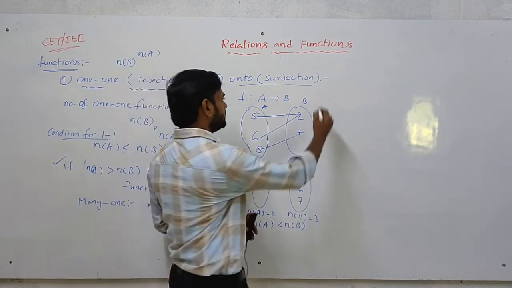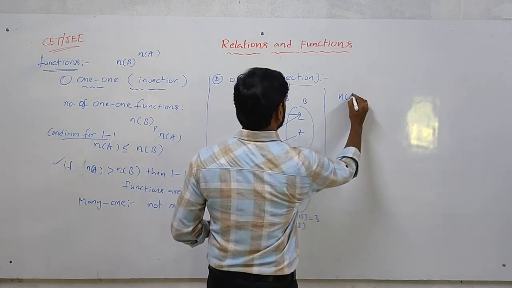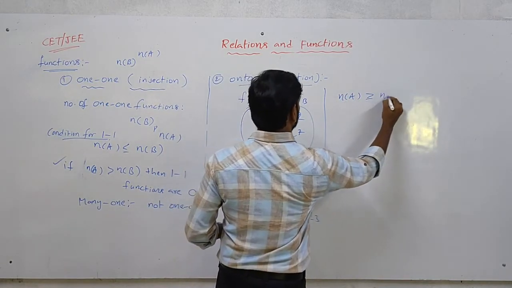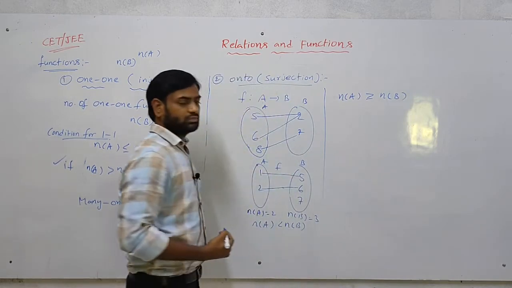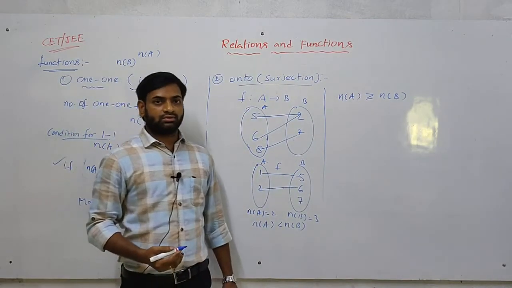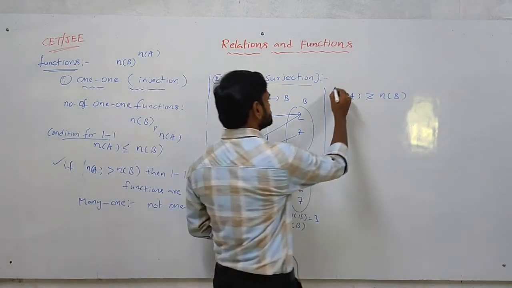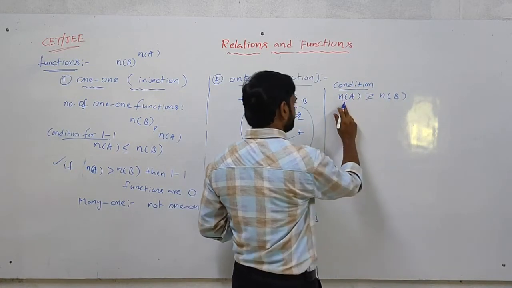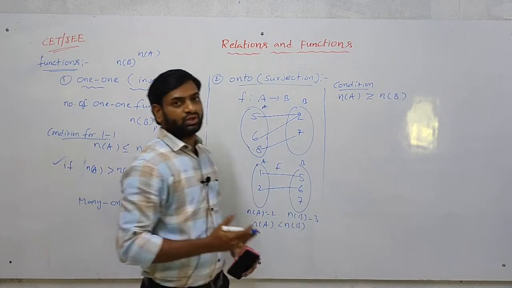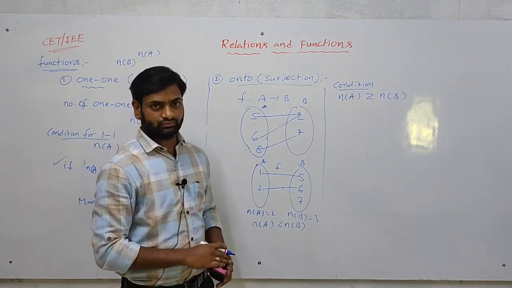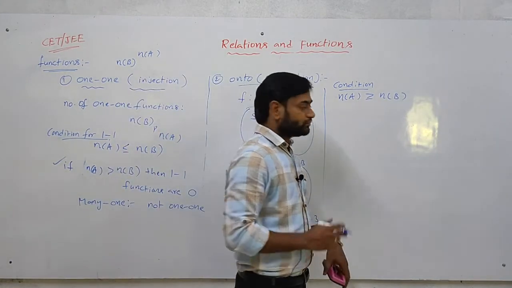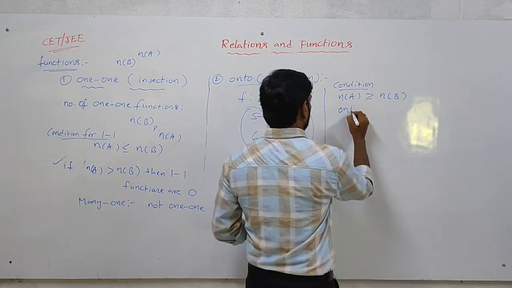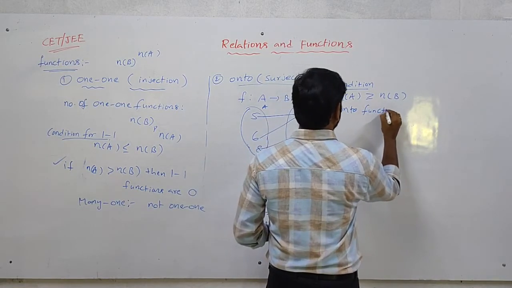It is possible when n of A is greater than or equal to n of B. What is the condition? The number of elements in A should be more than or equal to n of B, then only onto functions are possible.